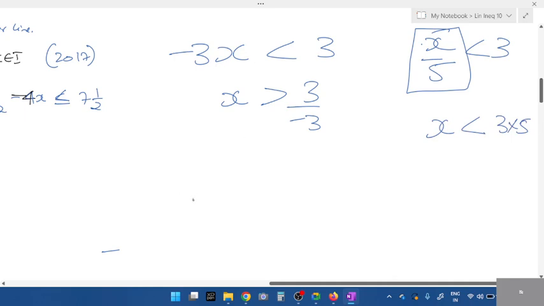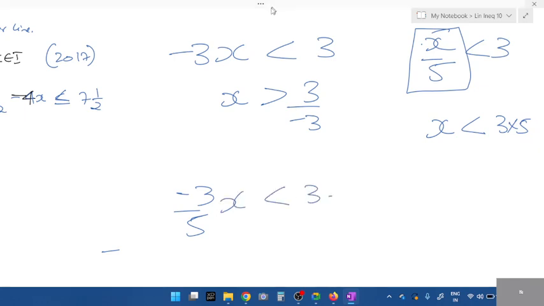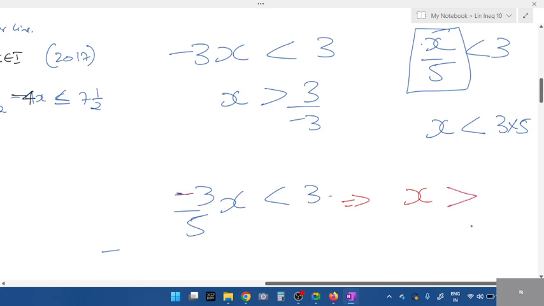If I merge both the questions together like this, the answer will be the same. Look here, the answer will be x as it is. Minus 3 is getting divided, students. Minus 3 is getting divided, the sign will change. Greater than 3 by minus 3.